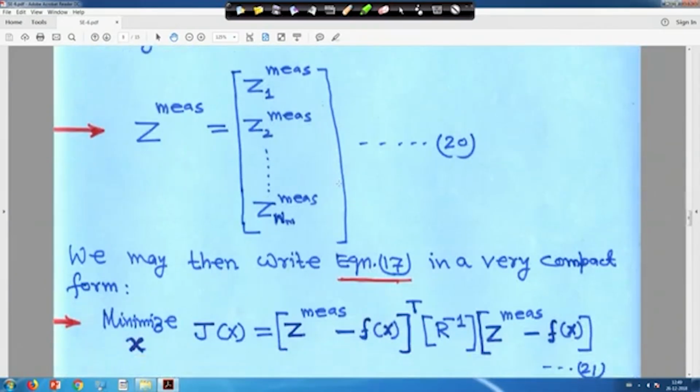Mathematically, we can write: minimize over x, you have to find the x value, J(x) equal to (z measure minus f(x)) transpose, into R inverse, into (z measure minus f(x)). So this quadratic function can be written like this, because we are writing the matrix R.